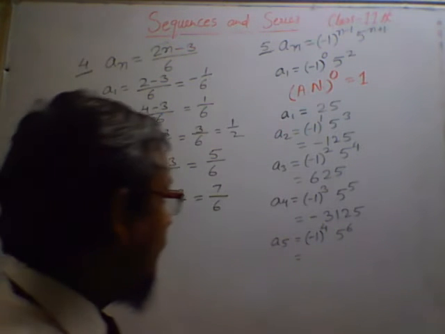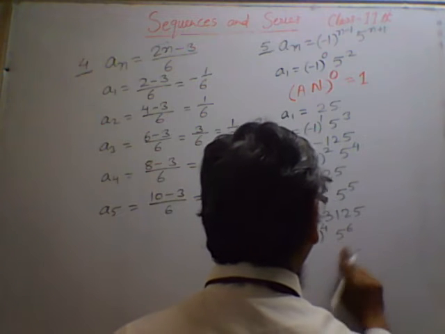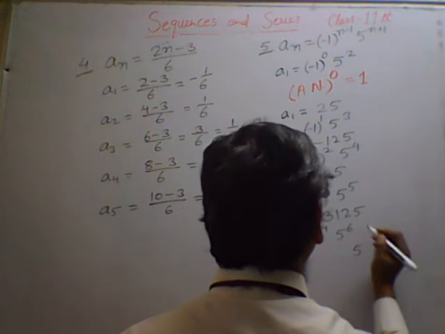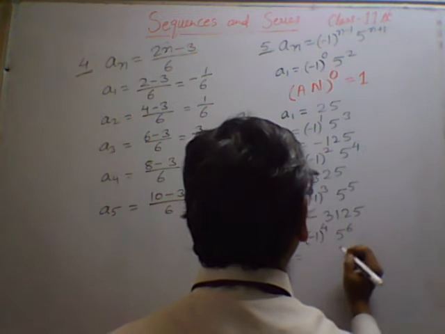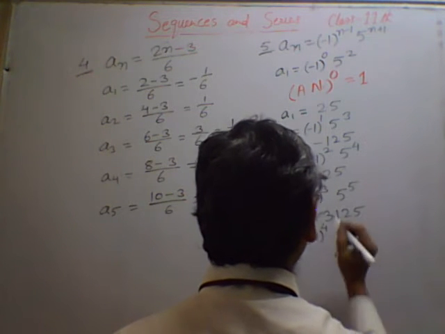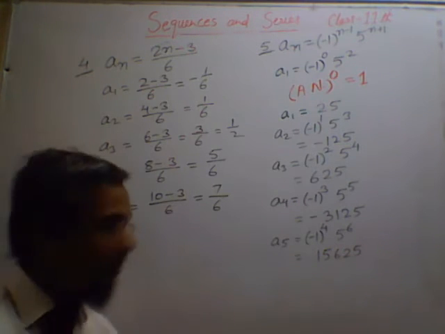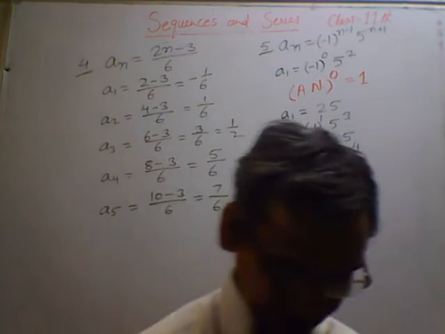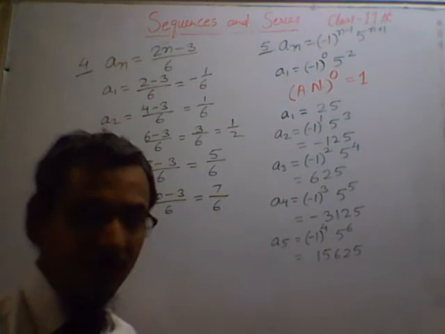And 5 raised to the power 6: 5 fives are 25, 5 fives are 25, remaining 25, so 15625. So we have got 5 terms. Now we will move forward.